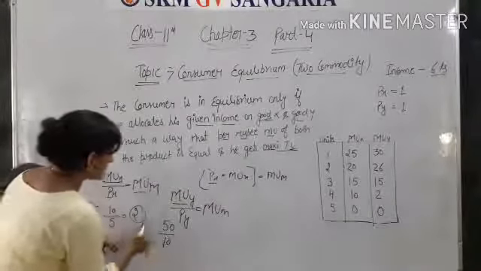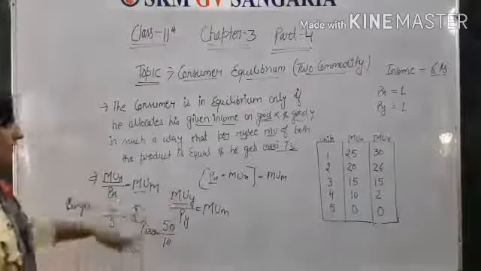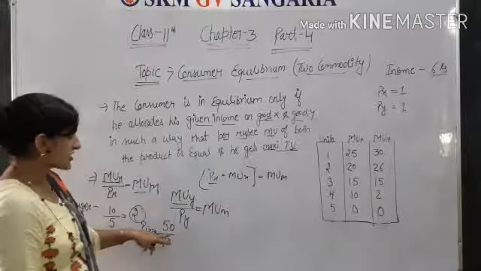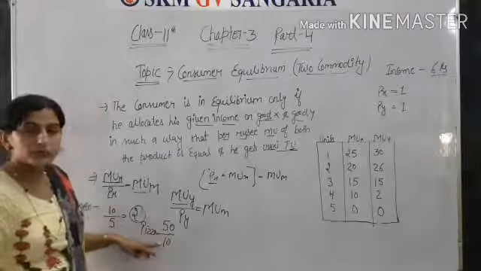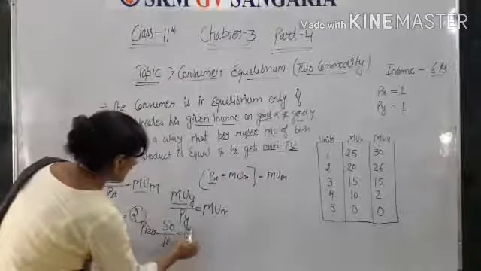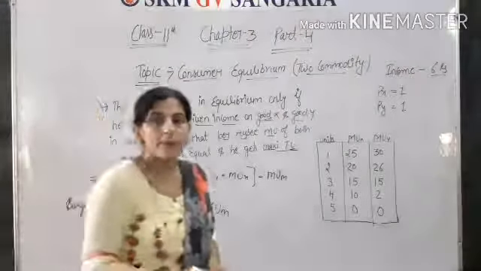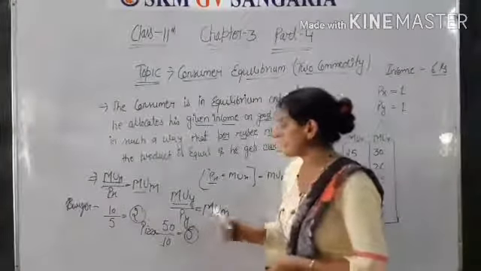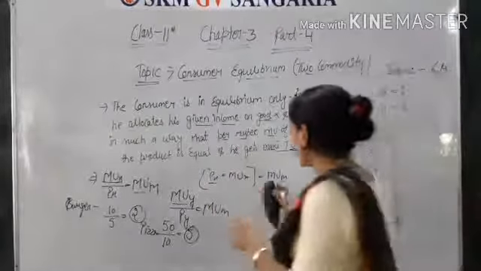Here we are taking pizza. The marginal utility of Y, pizza, is 50, and the price of one piece is 10, so it is equal to 5. So our utility per unit, in terms of marginal utility of money, is 5. I hope you got the point.